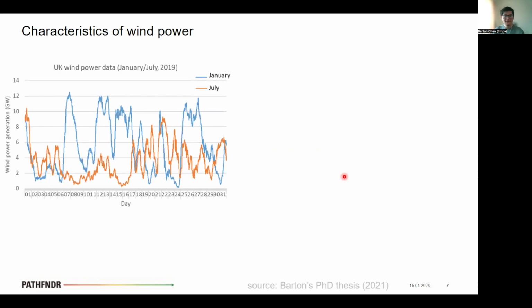First, this is a typical example diagram I have for wind power in the UK in 2018. You can see there are two curves.